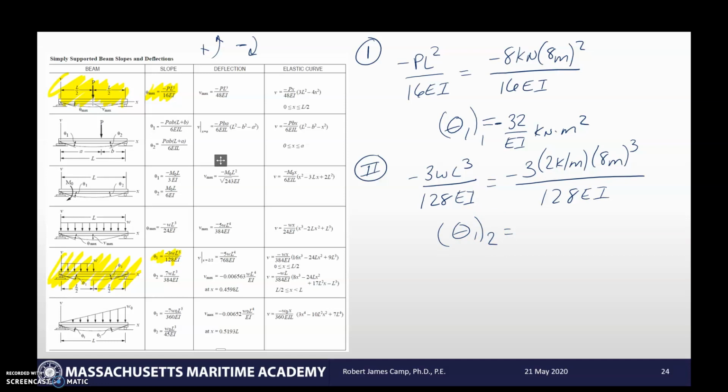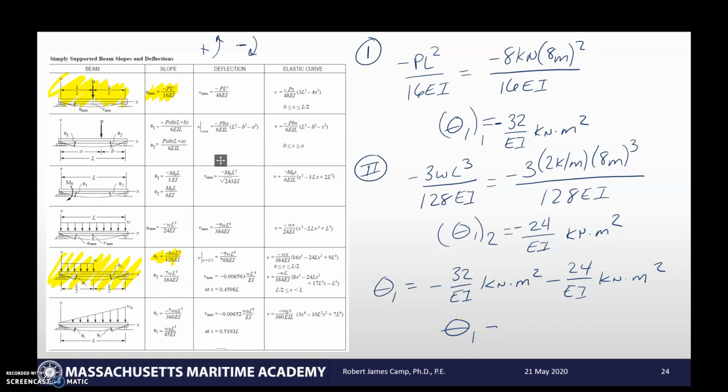And now, if I multiply all those units out, negative 24 divided by EI kilonewton per meter squared. And so the slope at 1 is negative 32 over EI kilonewton per meter squared, minus 24 divided by EI kilonewton per meter squared.